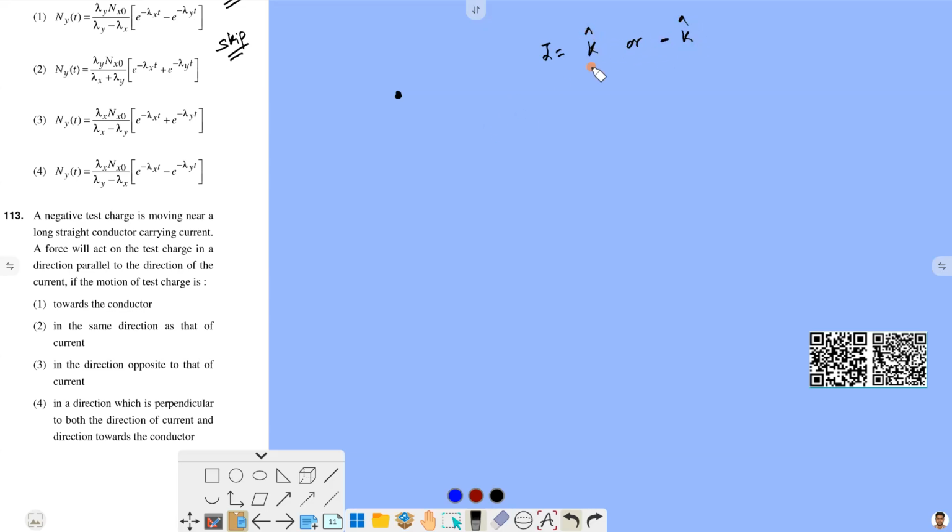Now what will happen due to this direction? Using the right hand screw rule, we can find out the direction of the magnetic field. So for the positive K, that is the current coming out of the screen, the magnetic field will be something like this. It will be in the clockwise direction at this point. And for minus K, the magnetic field will be anti-clockwise in this direction.